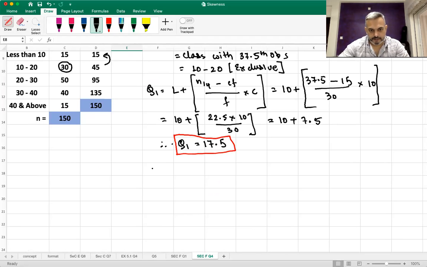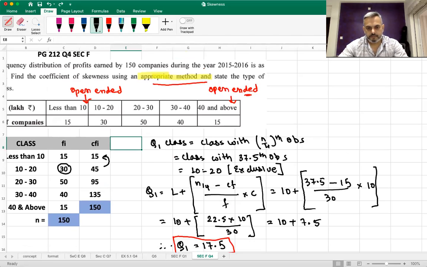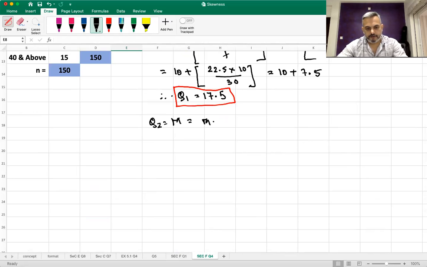that is median. So Q2, which is equal to median. The median class, we have to find out first.